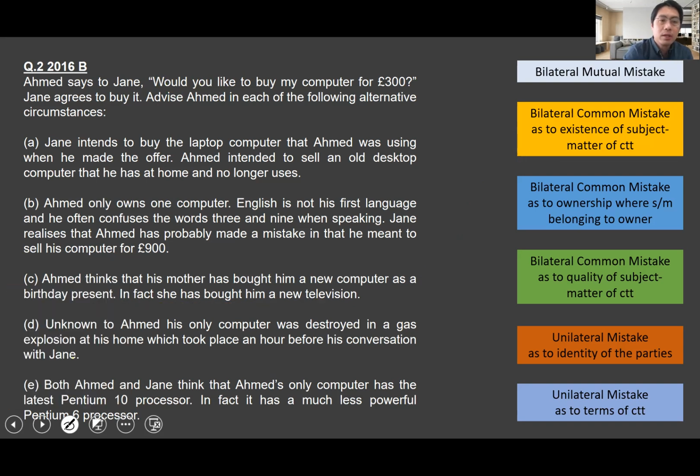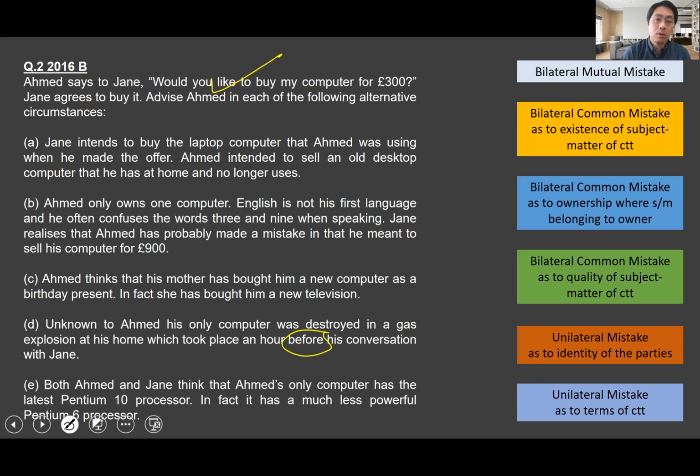The last category, or rather the second last category or question, part D, is where, unknown to Ahmad, his only computer was destroyed in a gas explosion at his home, which took place 1 hour before his conversation with Jane, which is before this conversation where he was offering to sell the computer to Jane for 300.